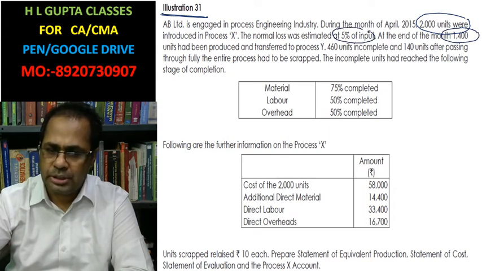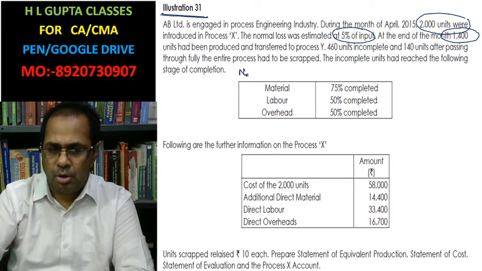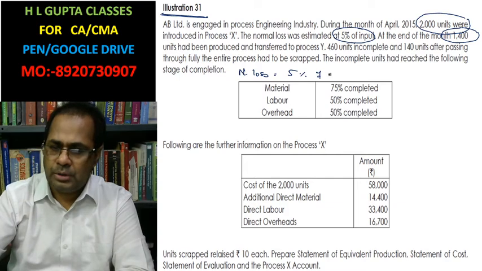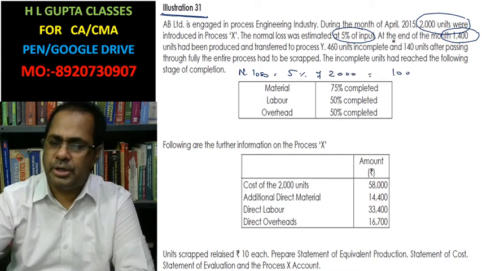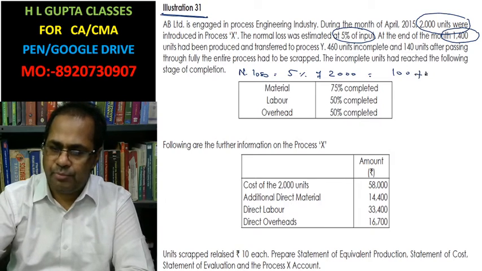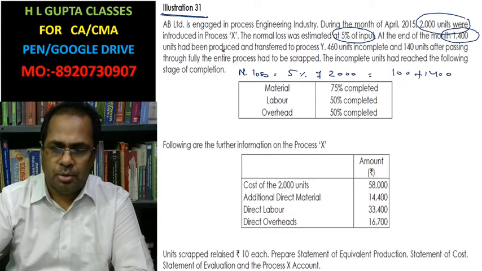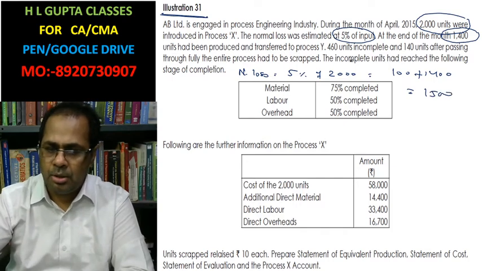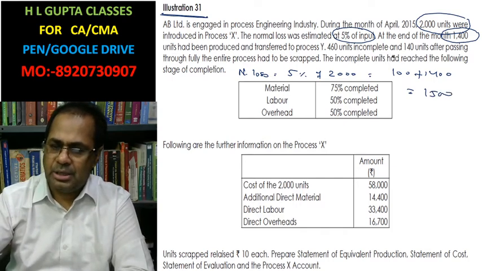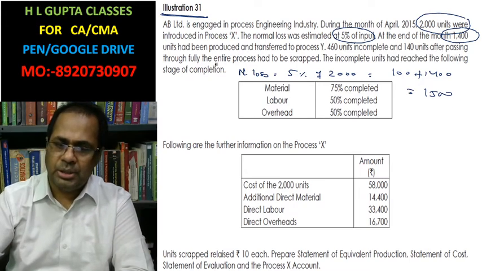5% normal loss. Then what will the normal loss be? Normal loss will be 5% of 2000, that equals 100 units. 100 normal loss and 1400 made, so this is already 1500. 460 were incomplete and 140 units, after passing through the entire process, had to be scrapped.